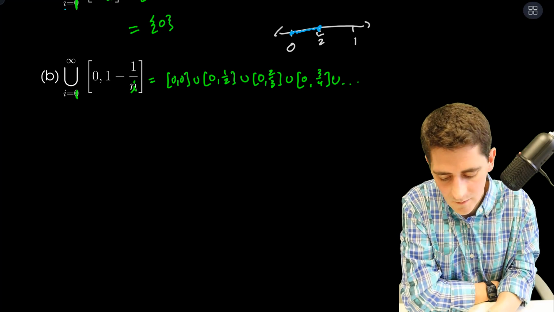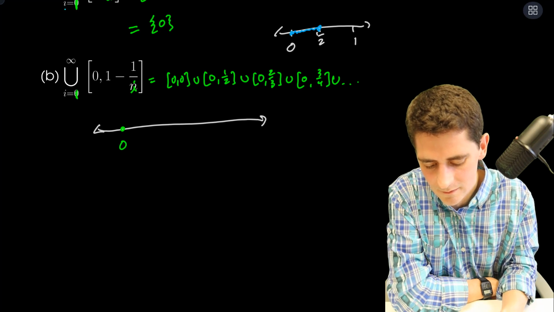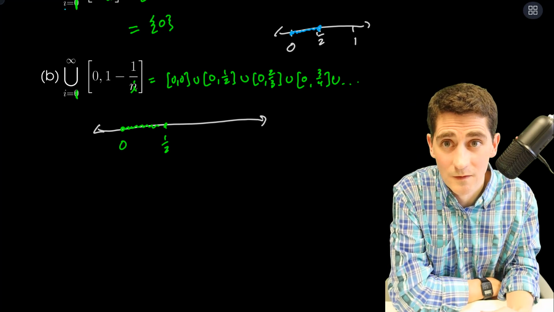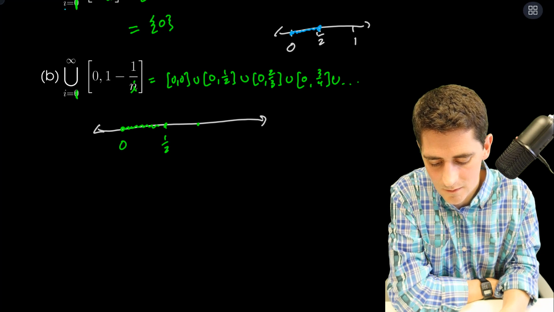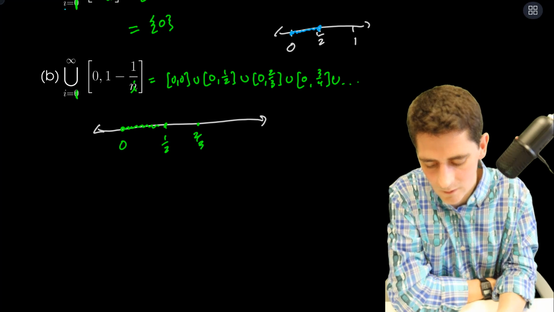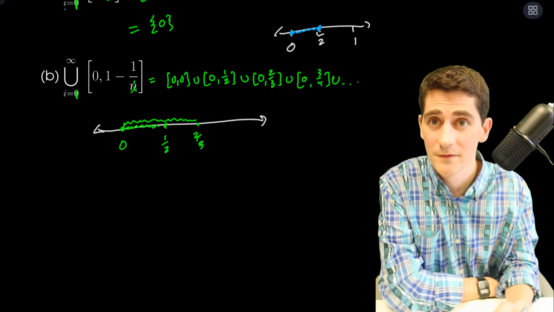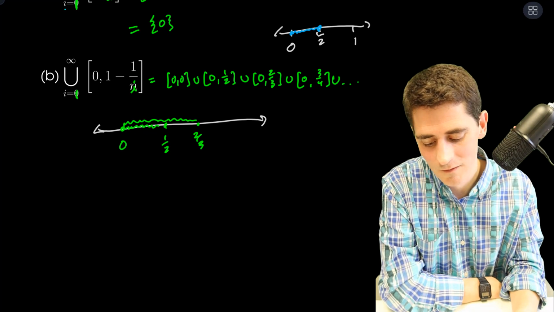So if I'm looking at my number line, I started out with just 0, then 0 to 1/2. I want all that. Union, so this is in either or both. I go out to 2/3. Okay, and I want all of that. And then I union that with 3/4. I union that with 4/5, and 5/6 and 6/7, and so on and so on.